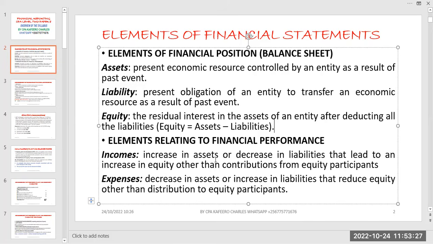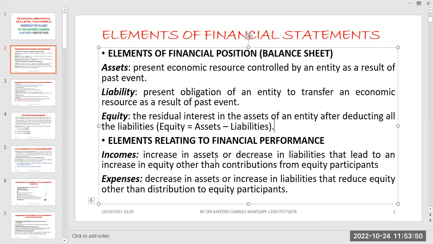It's a loss or a decrease in assets. Let's say when you're talking about depreciation, it reduces the cost of the asset. If it reduces the cost of the asset, we take it as an expense because assets are reducing in value. That's what we call decrease in assets or increase in liabilities.